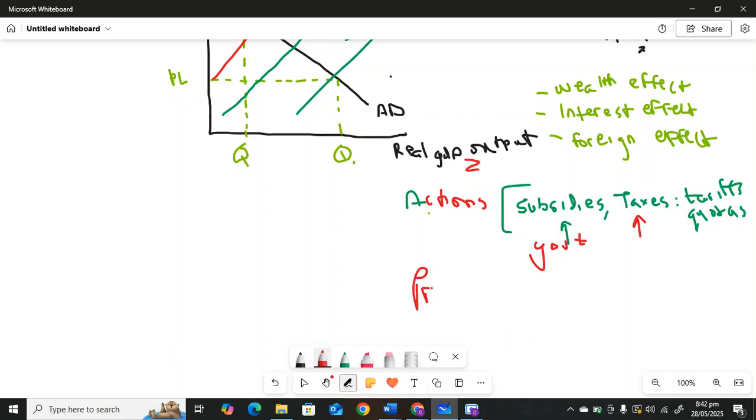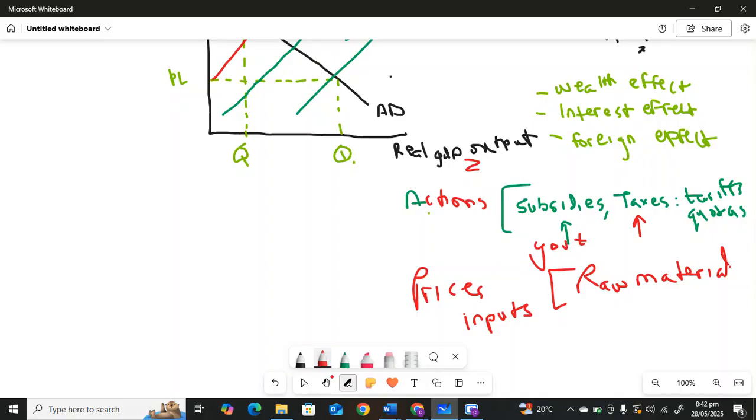The second factor is prices of inputs. In terms of raw materials, if raw materials get expensive, you might not be buying as much as you were buying when they were cheap.